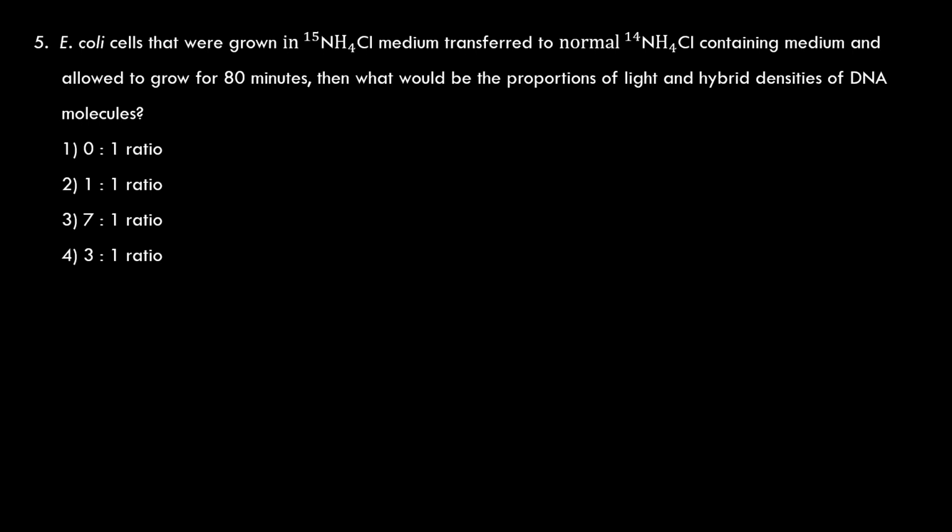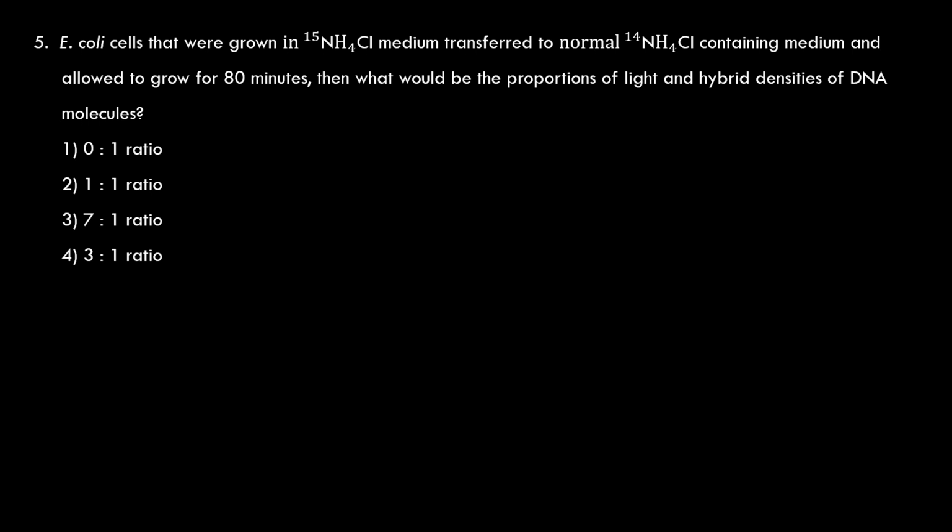Right? So after first generation only, as we have seen earlier, only hybrid DNA is formed. Second generation, hybrid and lighter DNA in 1:1 ratio. In the third generation, there is a formation of 8 molecules of DNA.